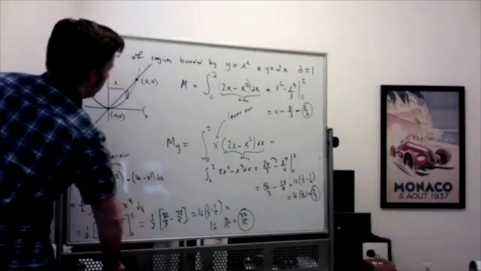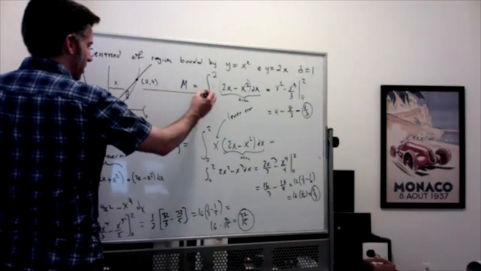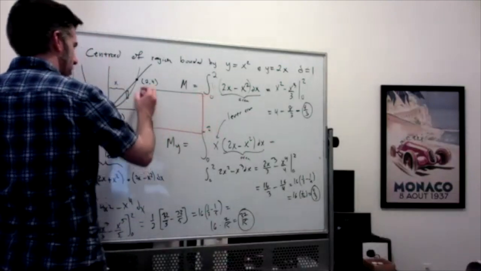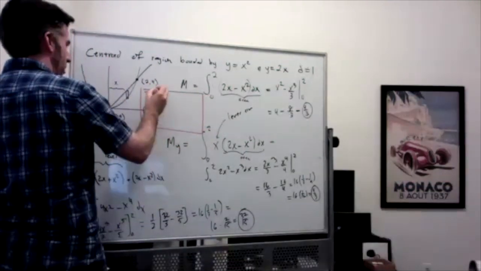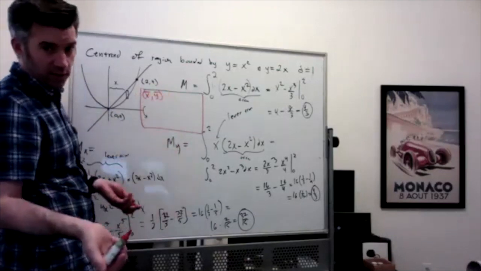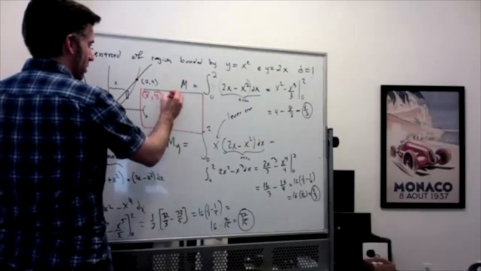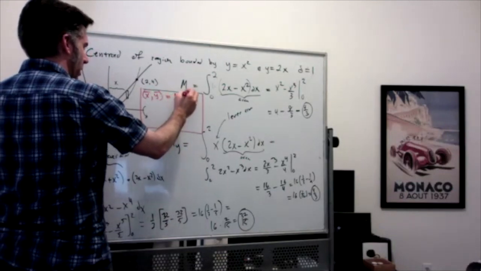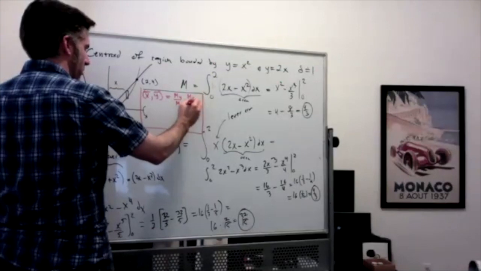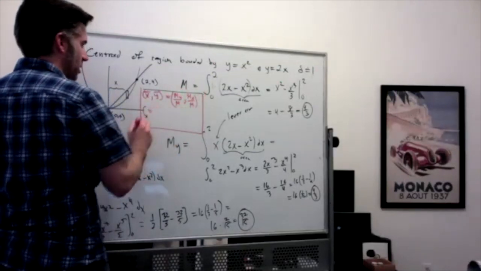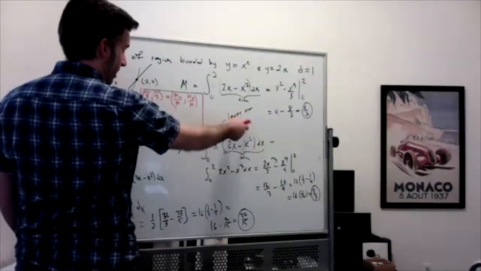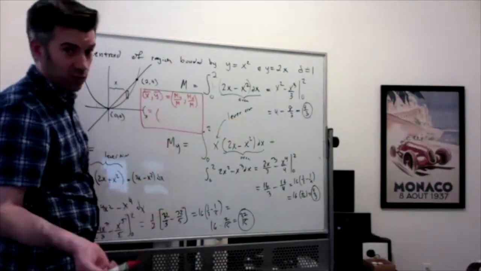I guess I have some room I can carve out right here. Let me do it in red. x bar, y bar, the coordinates of the centroid or center of mass, is My over M, comma, Mx over M. My was 4/3 divided by the mass, so that's 4/3 over 4/3, which is 1.